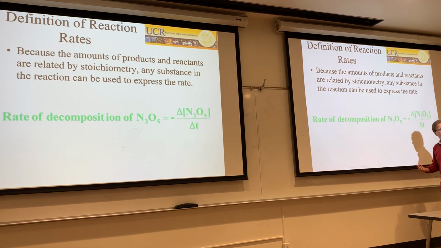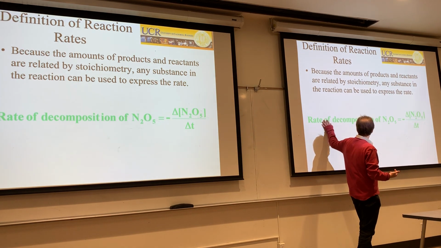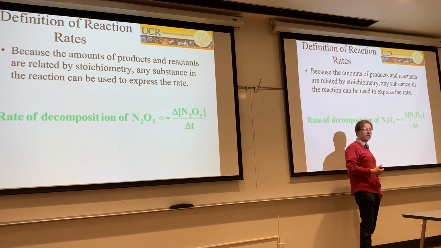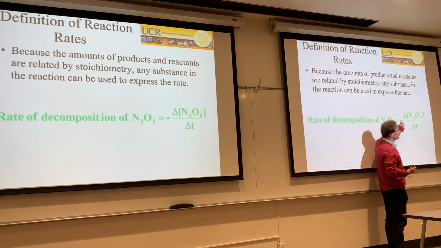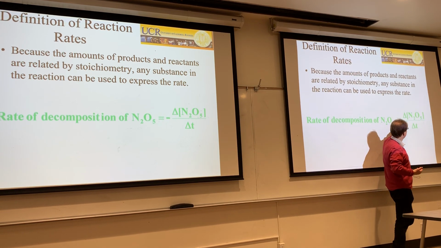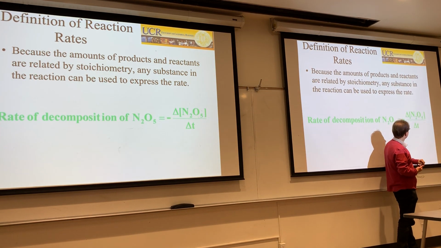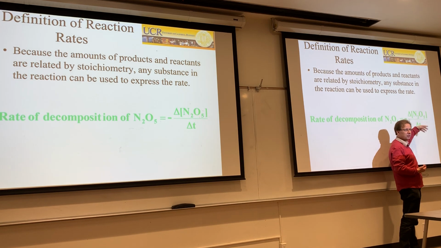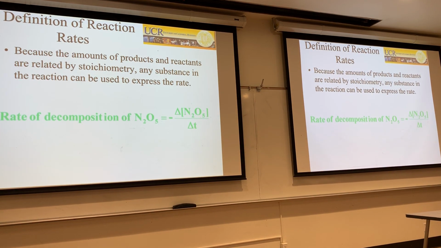But people don't like talking about negative numbers, and as a consequence, they define the rate of decomposition, as opposed to the rate of formation, as minus the change of the concentration. This minus sign cancels the minus sign which we have here for the change of the concentration, which is a negative number, and the result will be something positive.